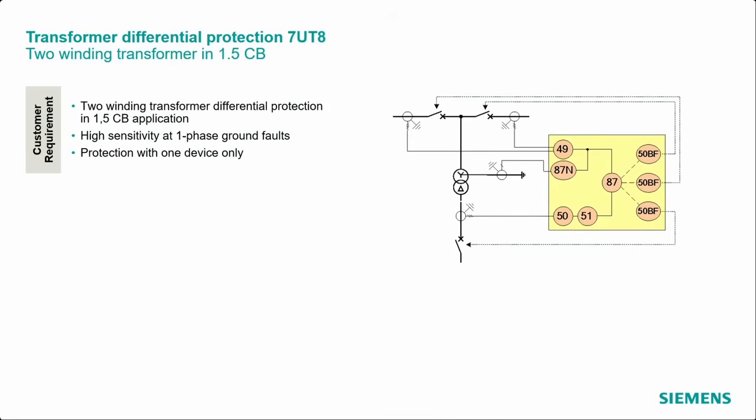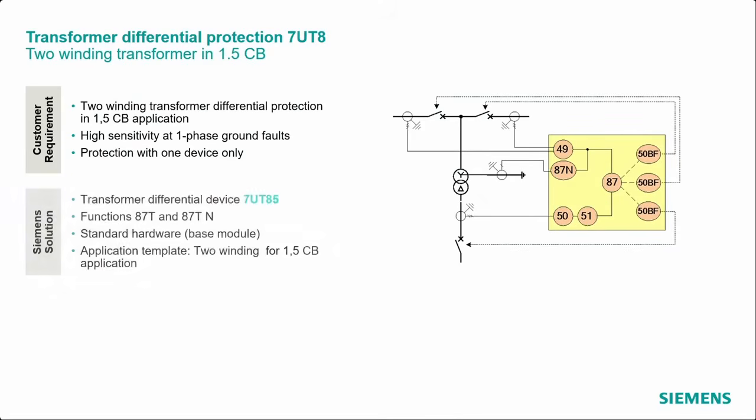And it is quite easy to select the device now. Due to the limitation of the non-modular 82 series, I need to select the 7UT85 here, because now I have three-phase current measuring points, and this is only possible with a 7UT85, 86 or 87 because of the modular hardware.